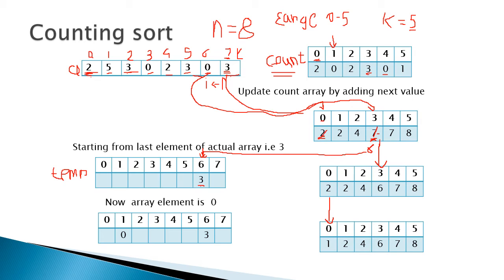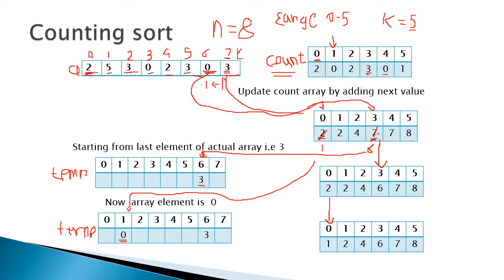Again do the same procedure. First of all decrement this value by 1, that is 1, and go to the first index. Store that element which is in the original array, store that 0 in the temporary array on the first index, that is here 0.